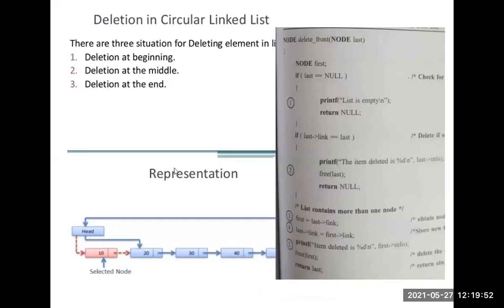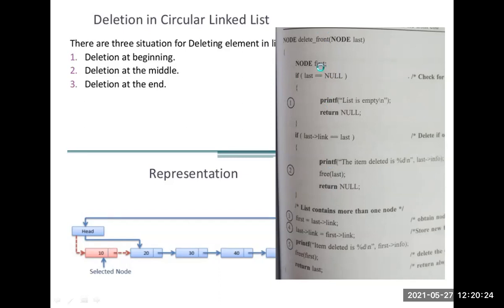So if you want to delete the node at the front end, here in this node the right link contains the next node address. If you delete this one, the total connection is lost. So just store the address in some temporary variable, and then you delete that node. See the code here.